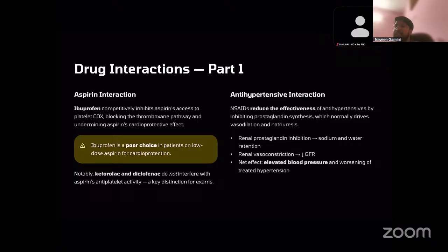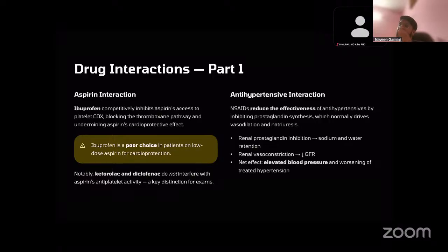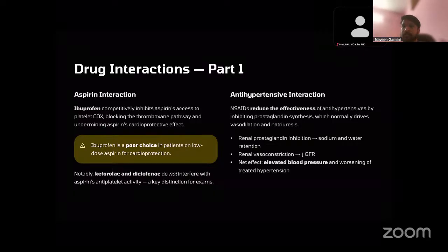So this renal prostaglandin inhibition will cause sodium and water retention, renal vasoconstriction, and reduced GFR. The net effect will be elevated blood pressure, and even worsening of the treated hypertension. So because NSAIDs act at the kidney level on the prostaglandin pathway, there is an antihypertensive interaction. It is not directly stopping the drug action.